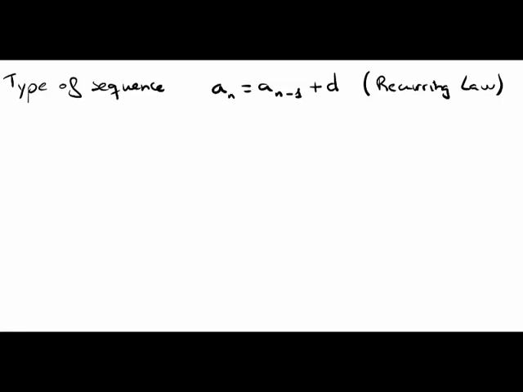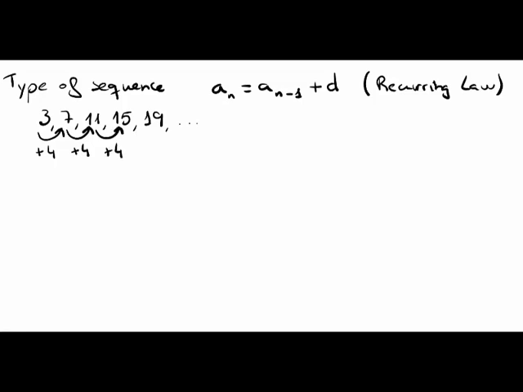For example, 3, 7, 11, 15, 19 is an arithmetic progression because when I go from the first to the second term, I'm adding 4. When I go from the second to the third term, I'm adding 4. When I go from the third to the fourth term, I'm adding 4.